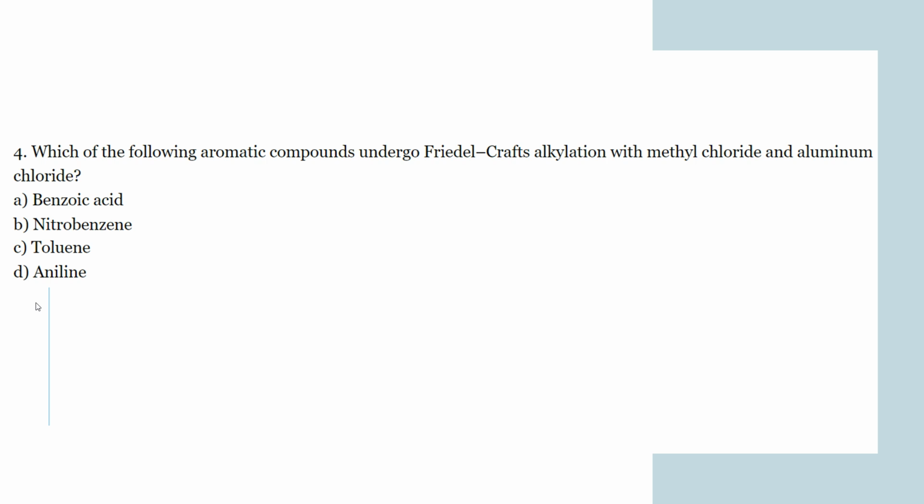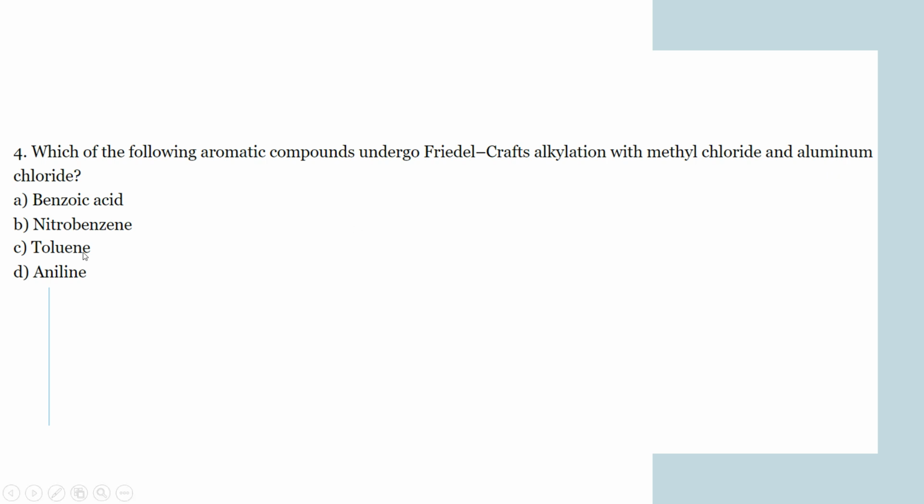Why? The reason is that aniline has a lone pair of electrons, and in the Friedel-Crafts alkylation reaction condition, we are using a Lewis acid, which is aluminium chloride, AlCl3. So what happens when we add AlCl3 to aniline?